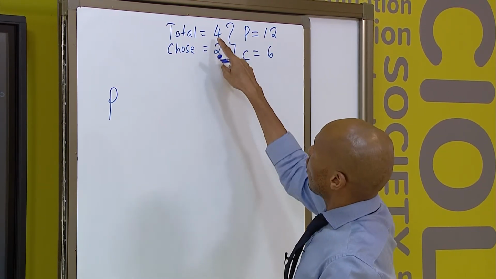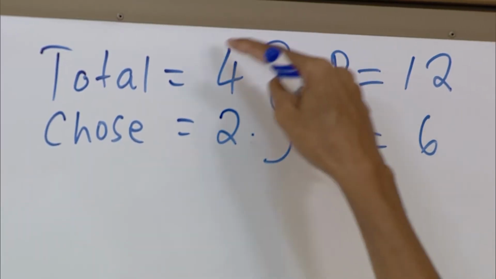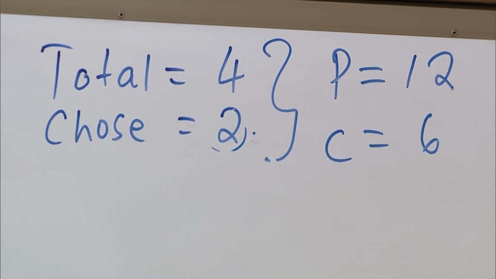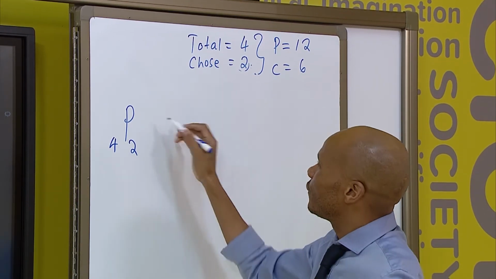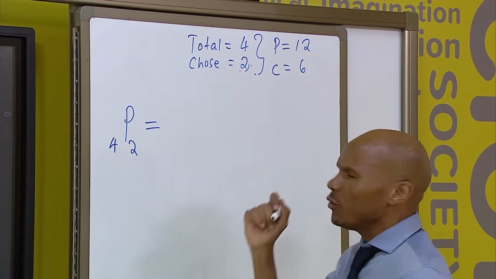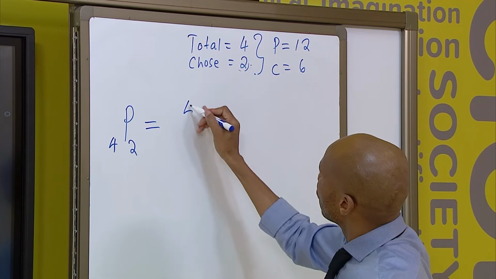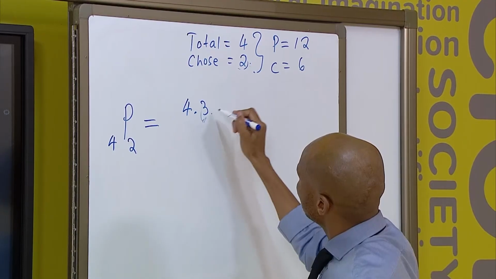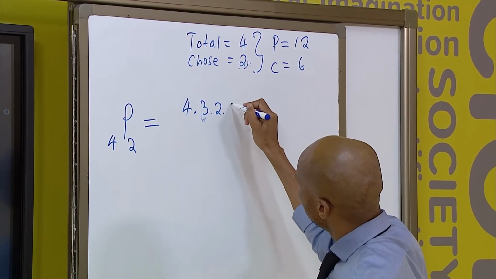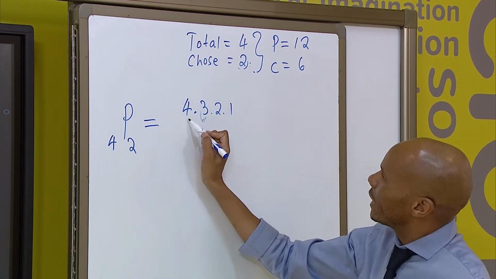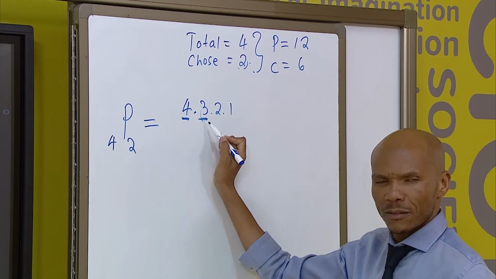So now we're saying out of a total of 4, we chose 2. We can say n pick 2 if that helps you. But then how did we do that? We took 4 times 3 times 2 times 1. But then we only wanted the 2, right?